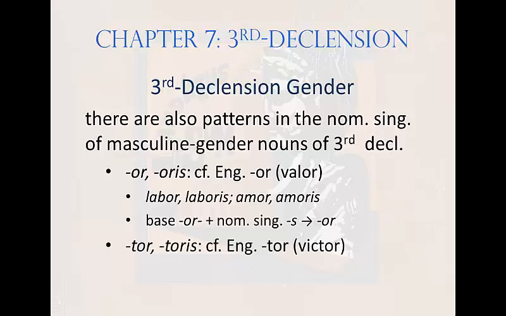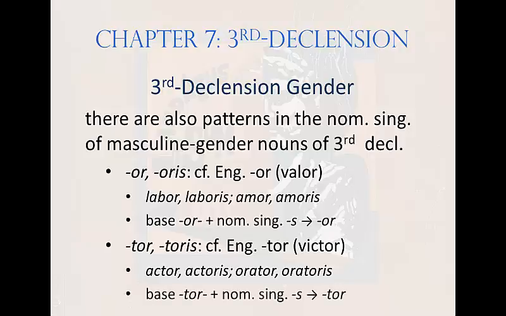Another very closely related example is toris, from which we get words like victor. Latin words like actor, actoris, meaning actor, and orator, oratoris, meaning speaker, are invariably masculine in gender. And note that the nominative singular tor operates much like its close kindred or, dropping the s to produce a nominative singular tor.